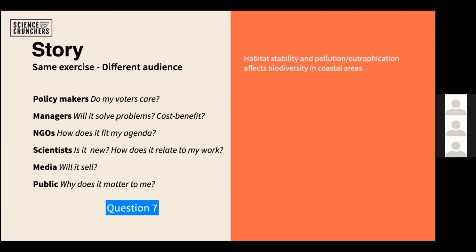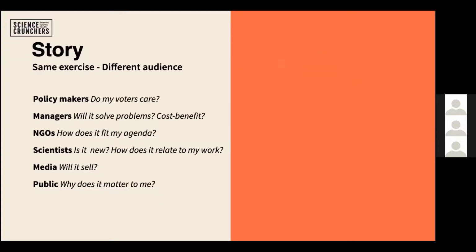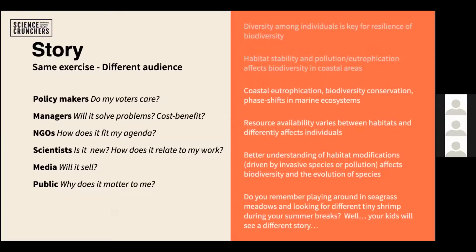Why should they care about a paper on the evolution of color morphism in tiny shrimp that live in the coastal areas of Brazil? And of course, the bottom line here is that there's no single solution to a single problem, but some of these audiences are more difficult to address. I have here other examples on how I would frame this.